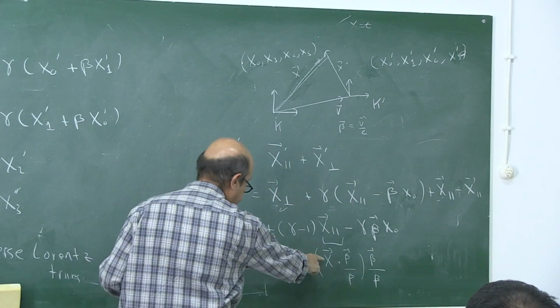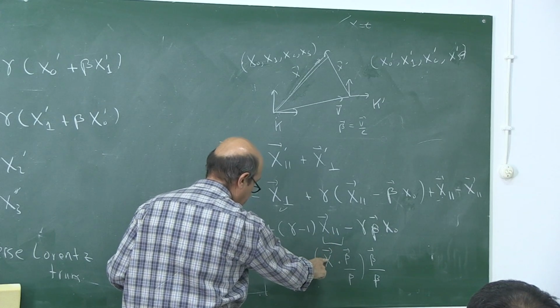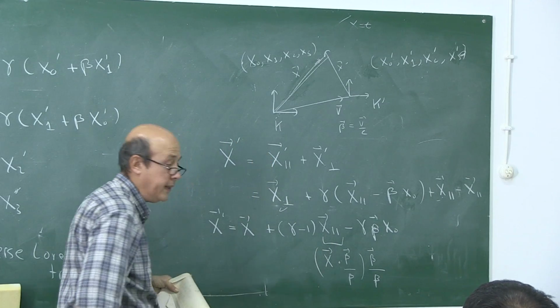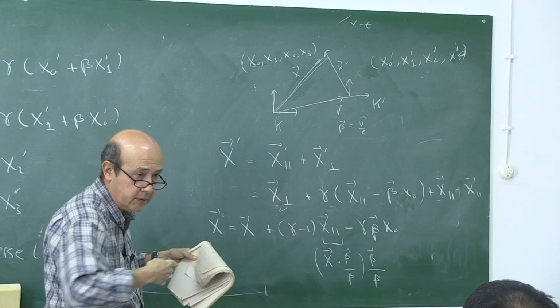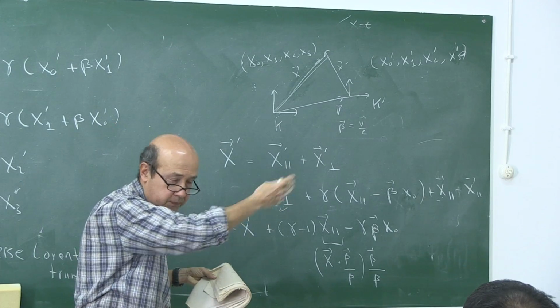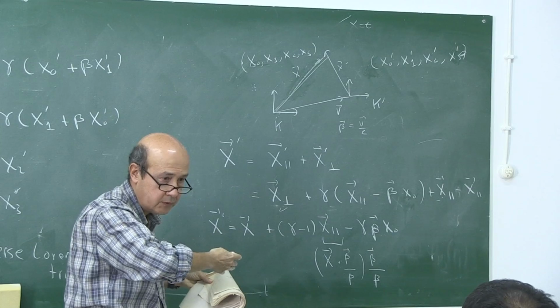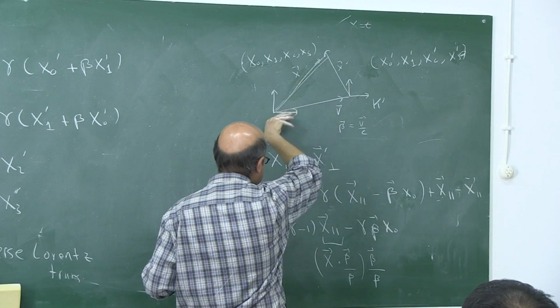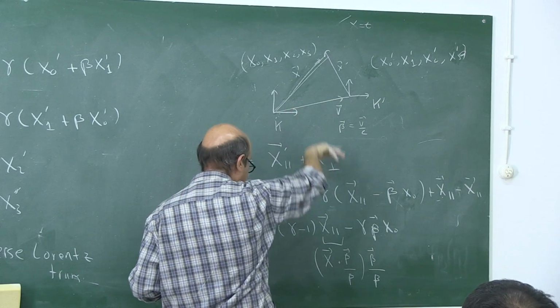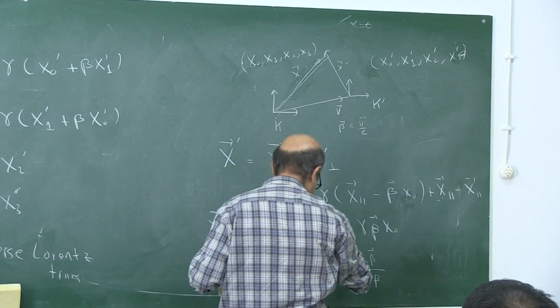This is the x parallel. X parallel is the projection of x along beta because the frame is moving along beta. If beta is in this direction, this is the projection of x along beta.